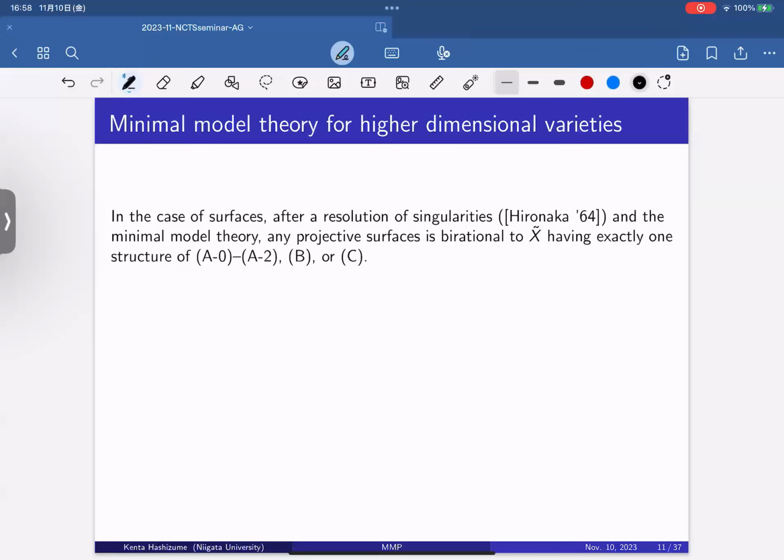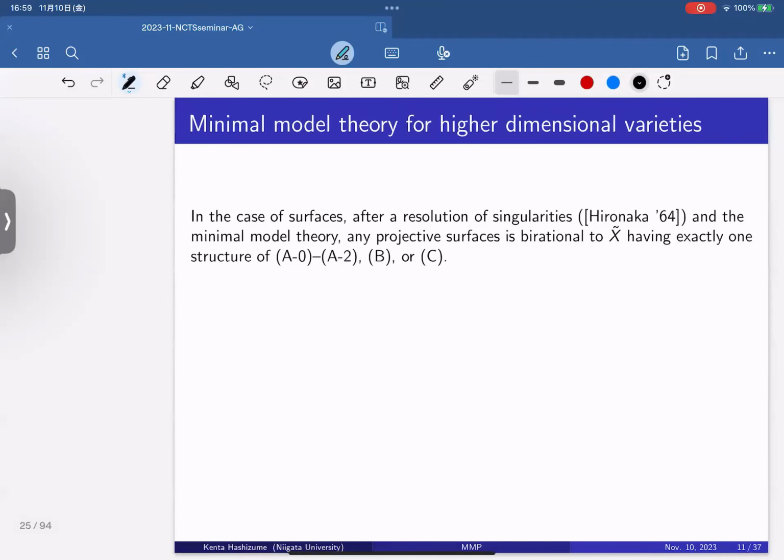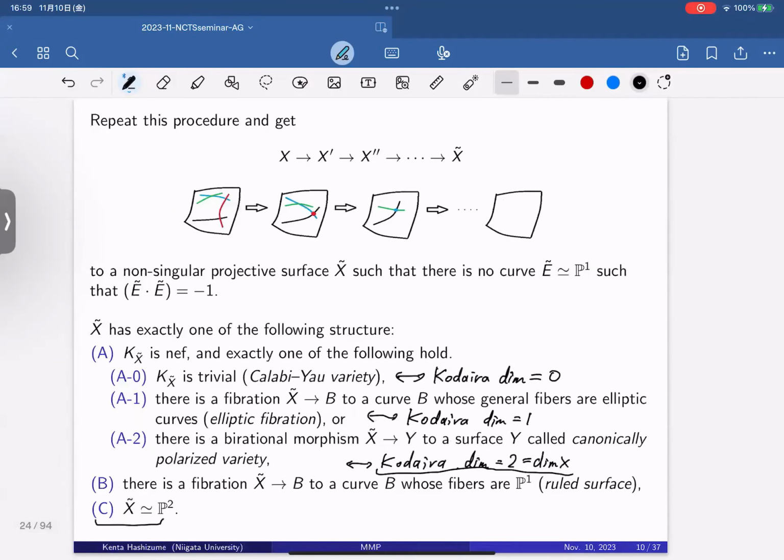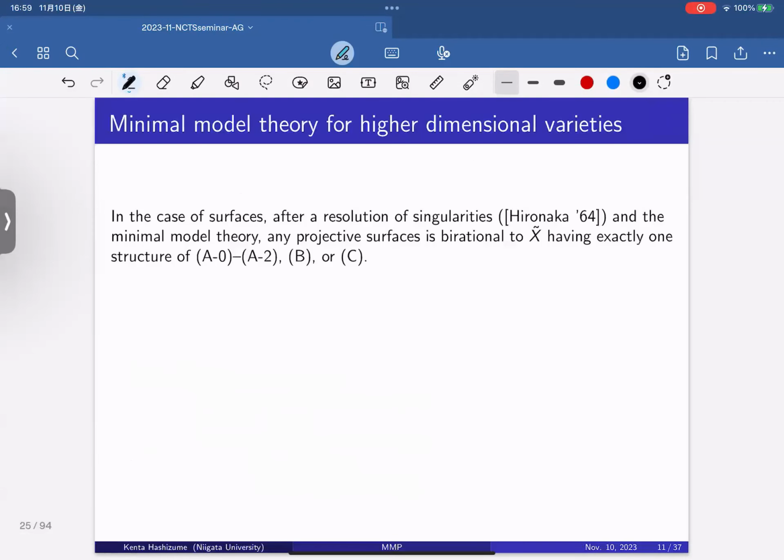The theory of minimum model program for smooth surfaces implies that if we are given a smooth projective surface, then by using the minimum model program and the classification of the structure, we can get the minimal surface X tilde having one of the structures of these types.